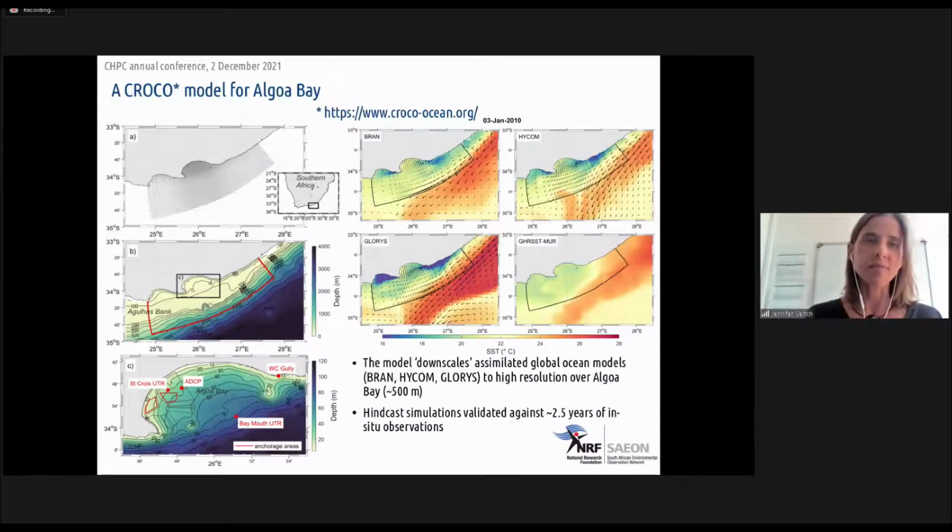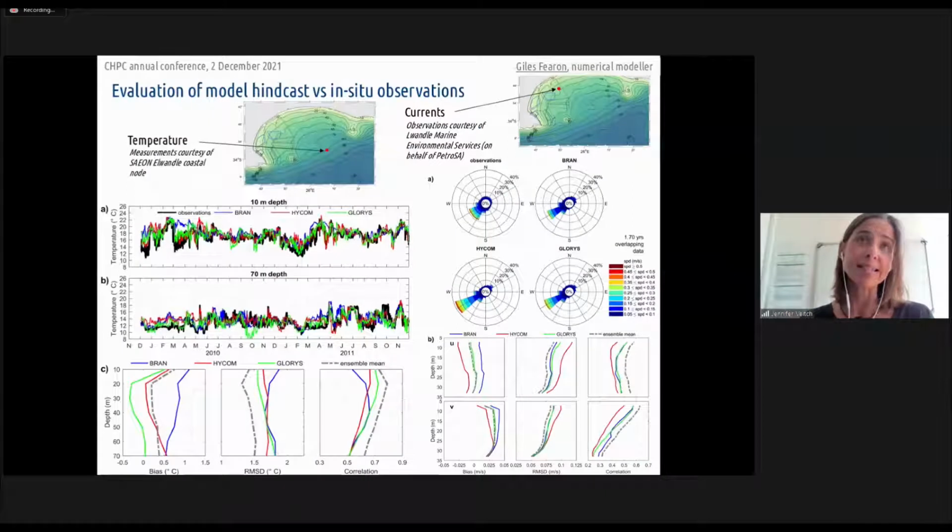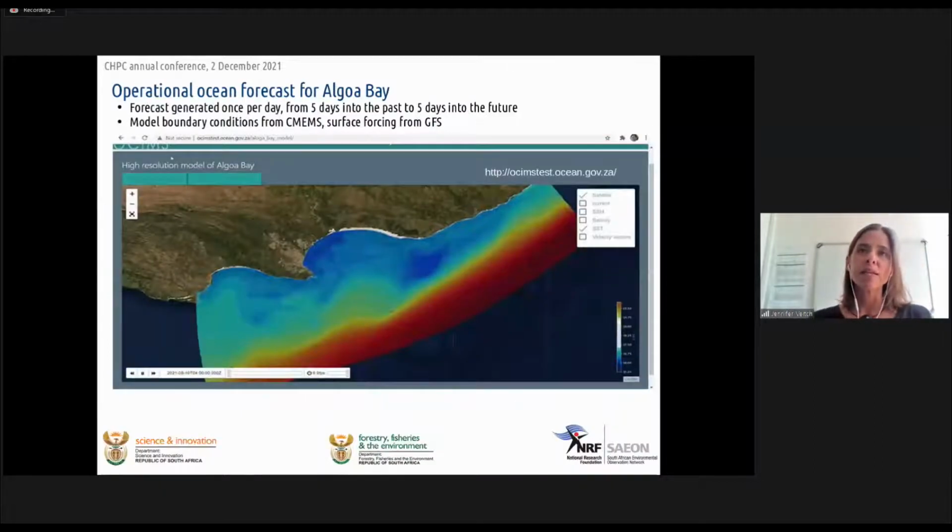And after a thorough analysis using the in situ data at Algoa Bay, we decided that Glorice, which is a global model that is developed by Mercator Ocean in Europe, was the best model for us to use to force our regional model of Algoa Bay. So what you see here, it should be animating shortly. There we go.